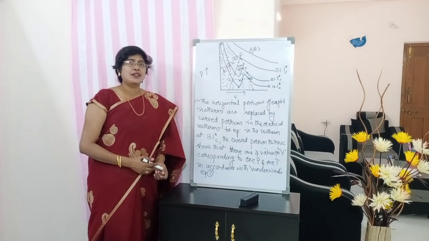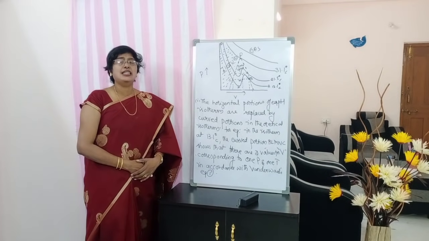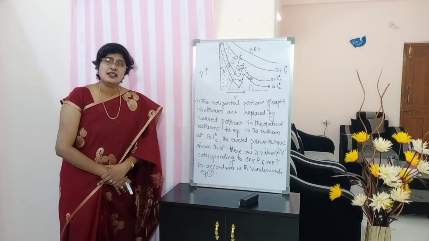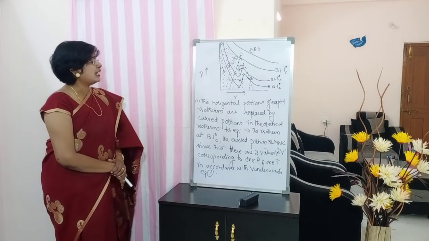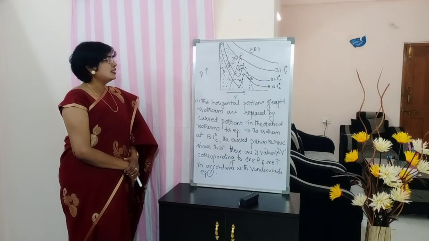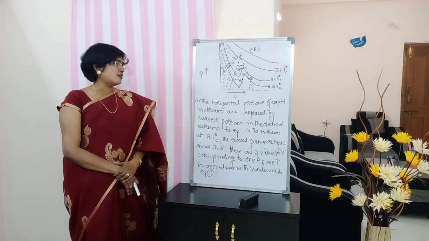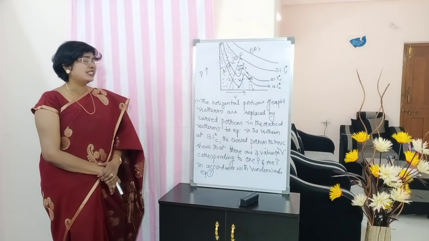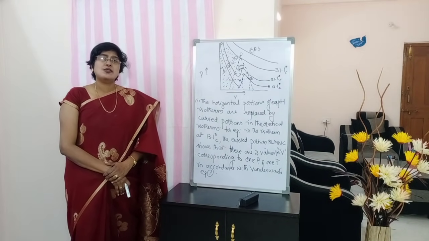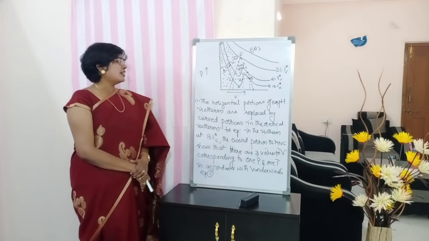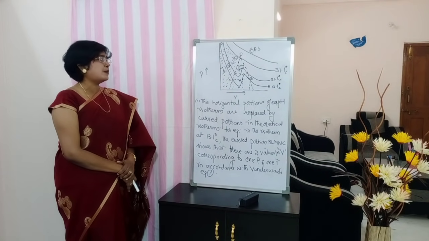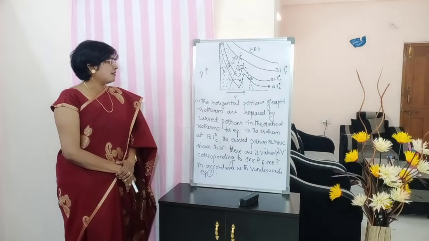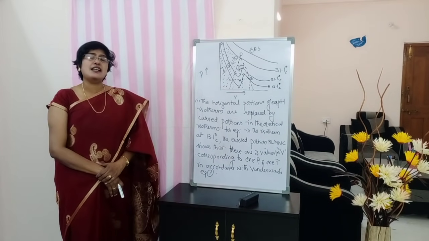Okay, so if you can write the points, students, I have written here. Please make it fast and copy it down fast. Okay, reading out for you, students. Horizontal portions of experimental isotherms are replaced by curved portions in theoretical isotherms. Students, if you can underline, please underline horizontal portions of experimental isotherms and curved portions of theoretical isotherms.